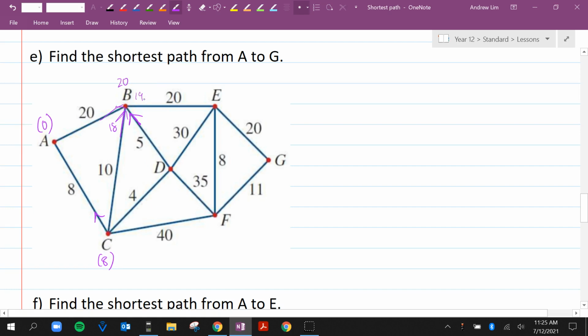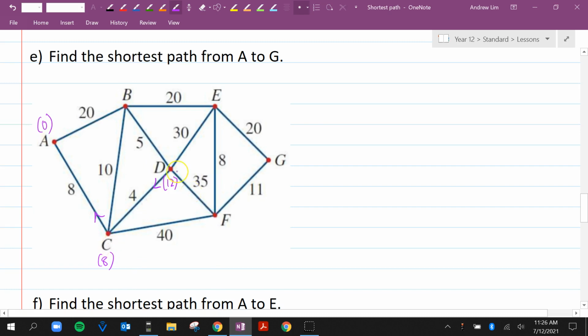Maybe we should do D first, because it seems like the shortest way to get from A to D is going to be 8 plus 4, which is 12. That's going to come from here. Because 20 plus 5 is 25. We've got 8 plus 40, that's already too much.